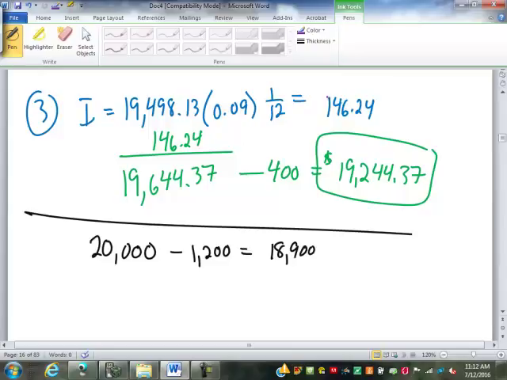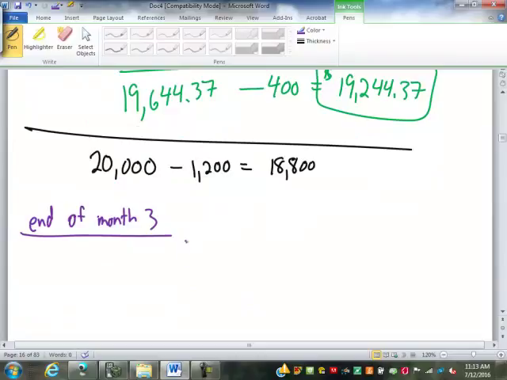Now at the end of 3 months, the interest is going to build, right? So at the end of that third month when I go to make that fourth payment, what's going to be owed? 18,800, you're right, sorry. Man, I'm off today. So at the end of month 3, you're going to take that 18,800 times 0.09 times, now it's 3 months worth of interest that's built up.